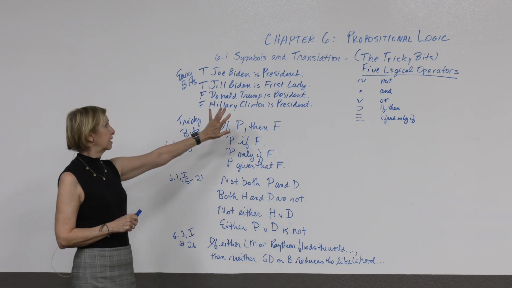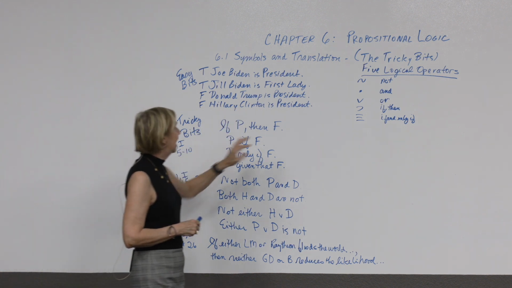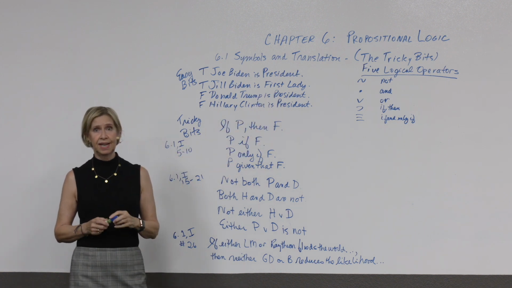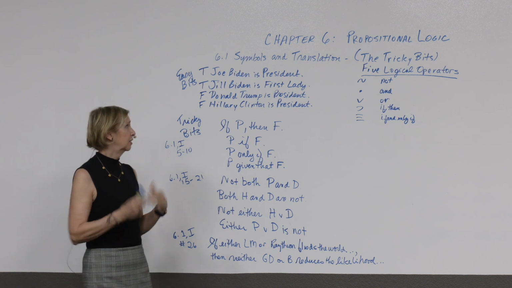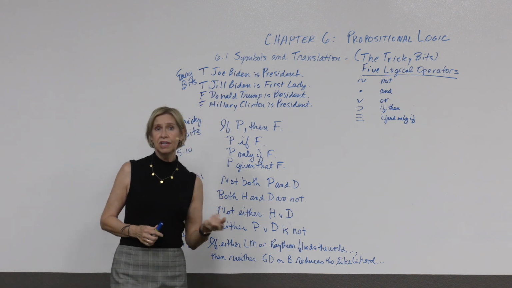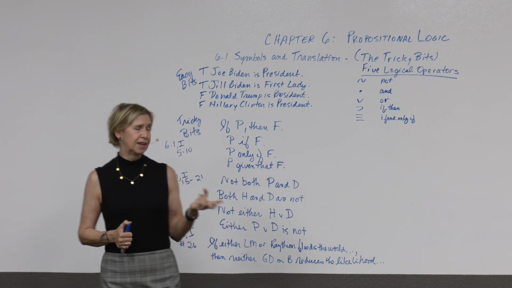So 6.1, the fundamentals. Hopefully you've been reading that. If you take each one of these statements as a simple declarative statement, it needs one letter to represent it in our symbolic logic. So Joe Biden is president. Normally, you would take the first letter of the first noun or proper noun.